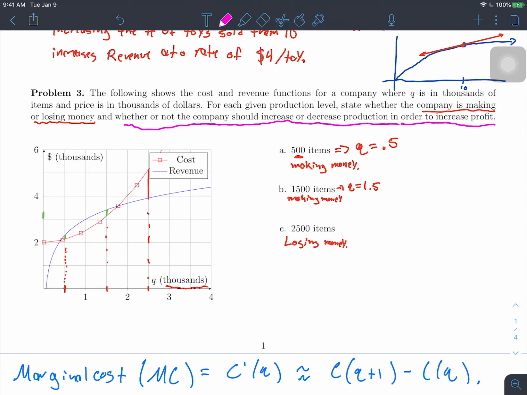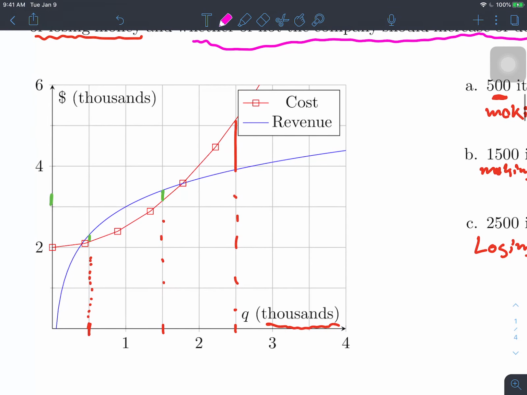We don't want that. So, in terms of this graph, we don't have a profit function drawn in here. We have a cost function and a revenue function.